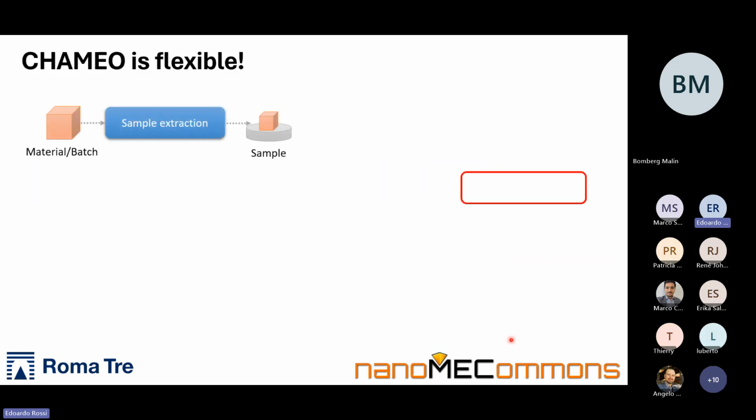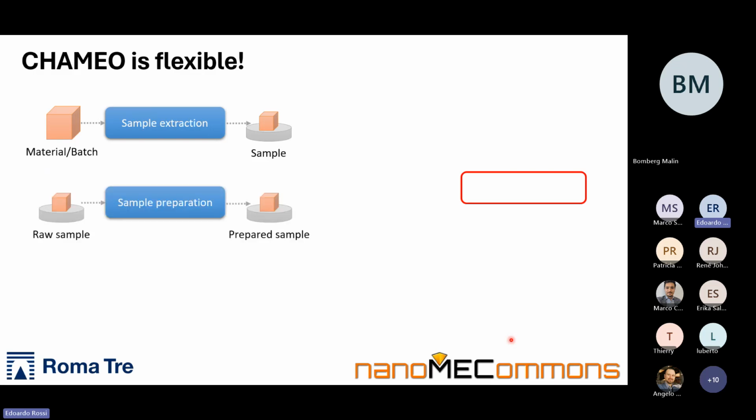So, being a high-level ontology, this is a flexible framework. So we can interpret and we can define various steps of our sample characterization. So we have, as an example here, all the levels of details a user can go through from the material batch to the calibration data and to the final data.